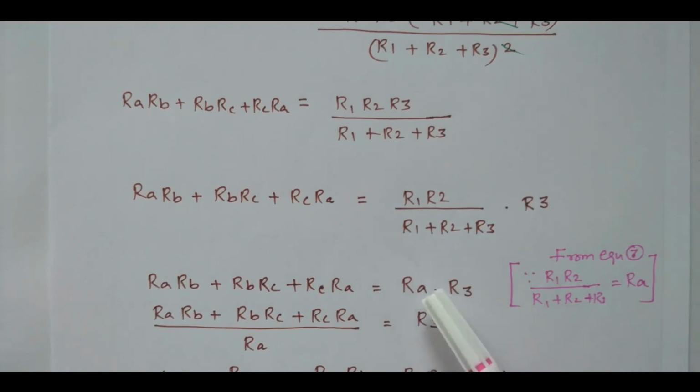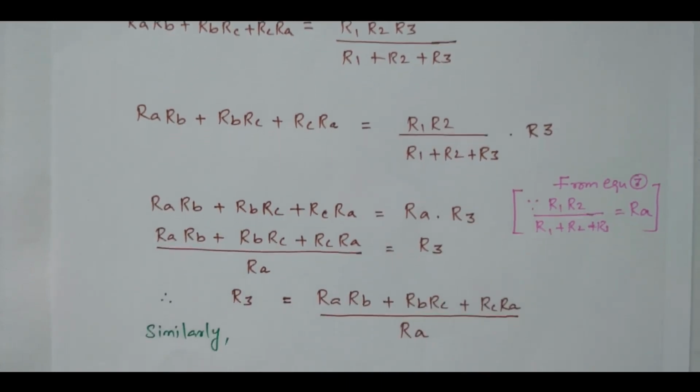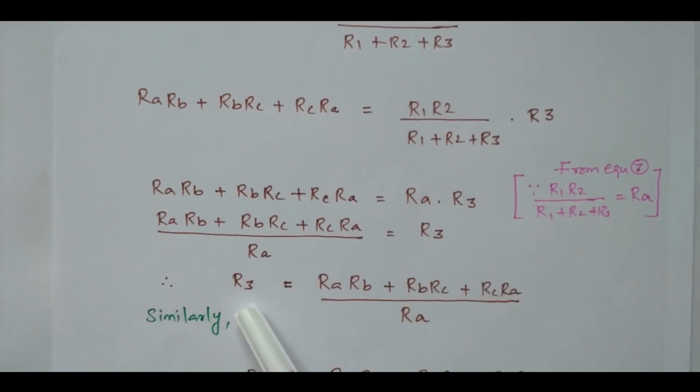Now bring this RA to the denominator, so that R3 equals this term divided by RA. So we can write R3 equal to RA, RB plus RB, RC plus RC, RA divided by RA. It is interchanged.